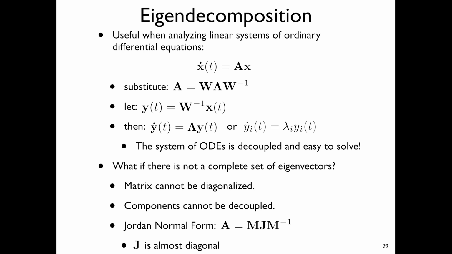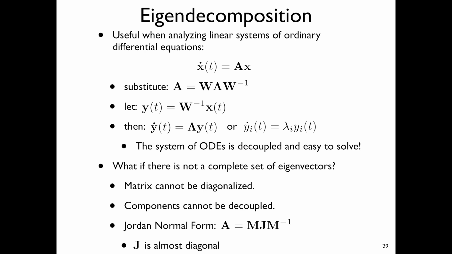They're also useful when analyzing systems of ordinary differential equations. So here I've got a differential equation, a vector x dot, so the time derivative of x is equal to A times x. Okay. And if I substitute my eigen decomposition, W lambda W inverse, and I define a new unknown y instead of x, then I can diagonalize that system of equations.